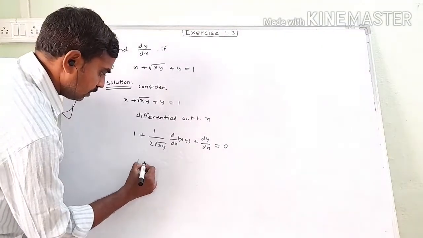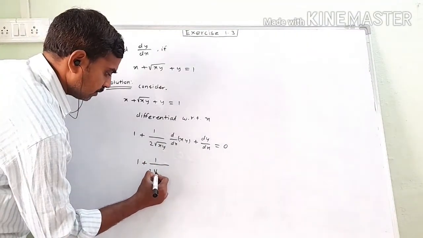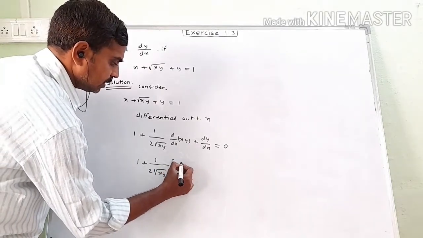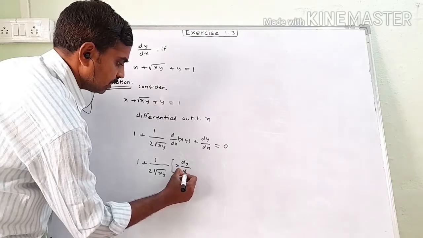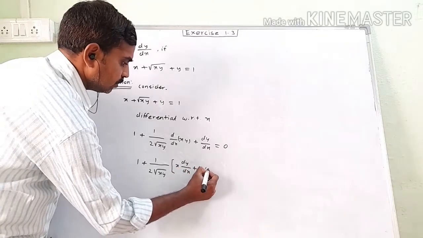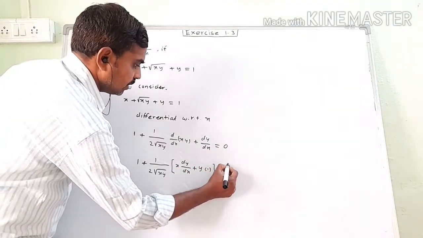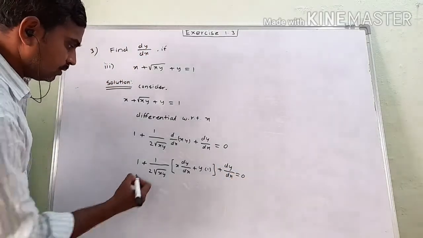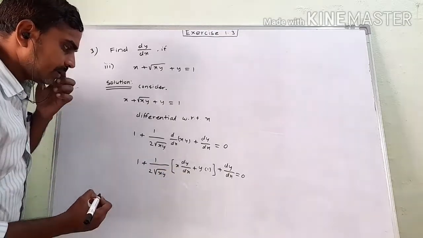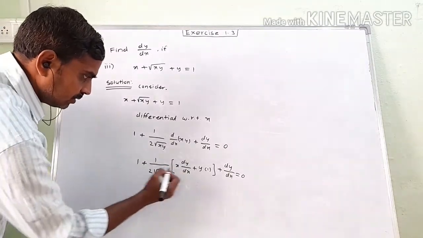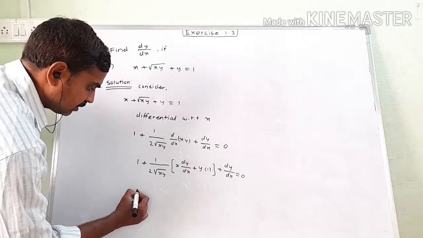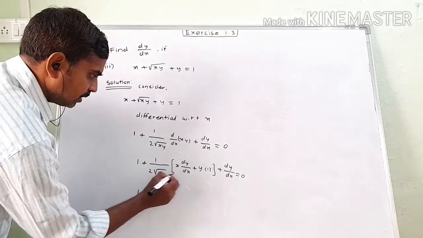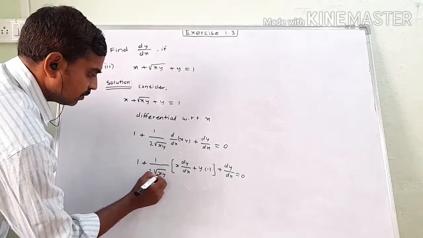Now we will calculate the derivative of xy. We will use the product formula. First function x as it is, derivative of y with respect to x, plus y as it is, derivative of x is 1, plus dy by dx as it is, on the right side 0. Now we will separate the terms of dy by dx and individual terms. What are the individual terms here? Individual term is 1 plus, we have to multiply these two terms by 1 by 2 root xy.